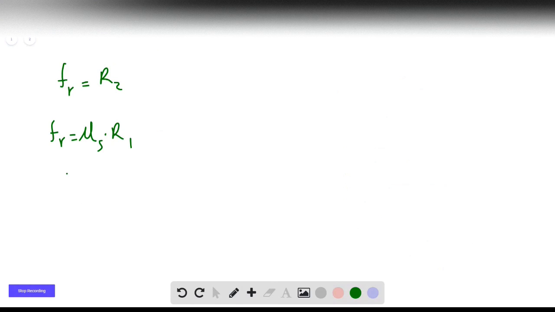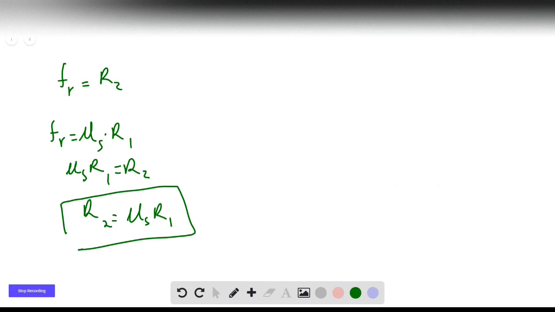So we see that mu s R1 has to be equivalent to R2. So R2 becomes mu s R1. This is a critical relationship in solving the problem.